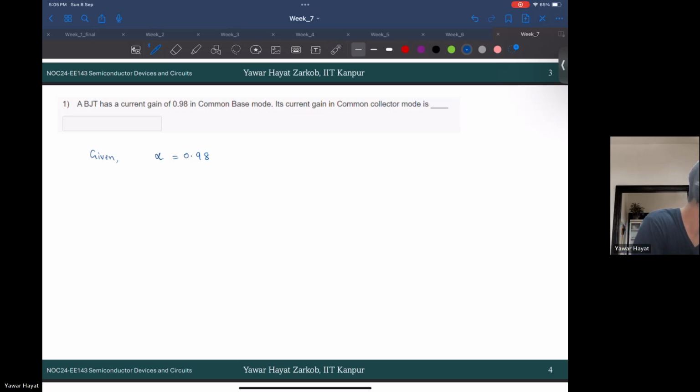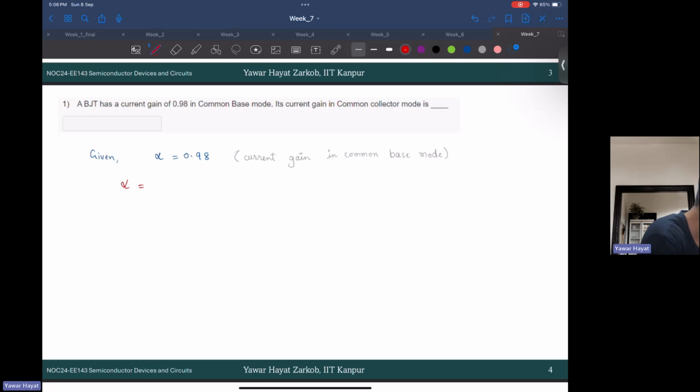Now, this is your current gain in common base mode. But we are interested in the current gain in common collector mode. See, what is alpha by definition?